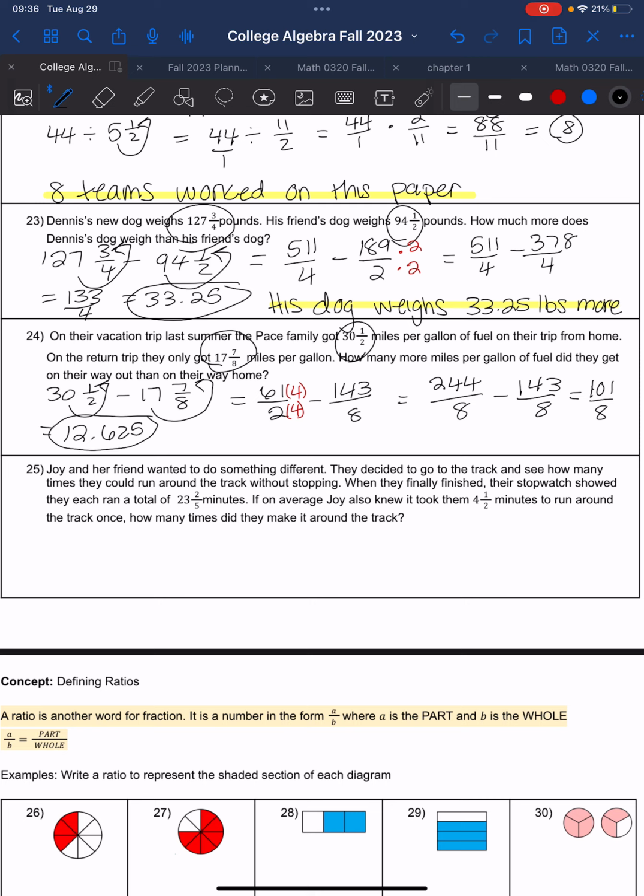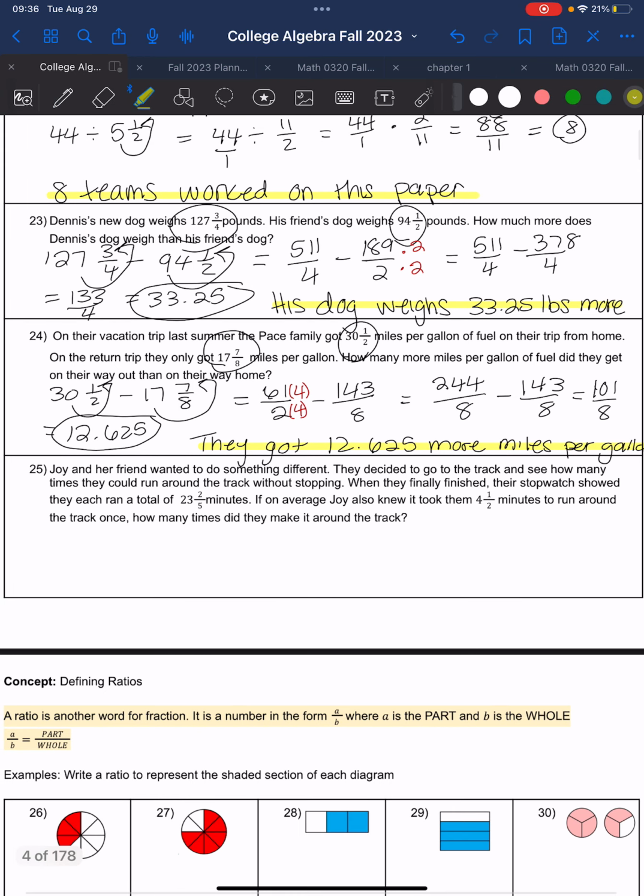So writing a sentence and answering the question, how many more miles per gallon of fuel did they get? They got 12.625 more miles per gallon. That is our answer.